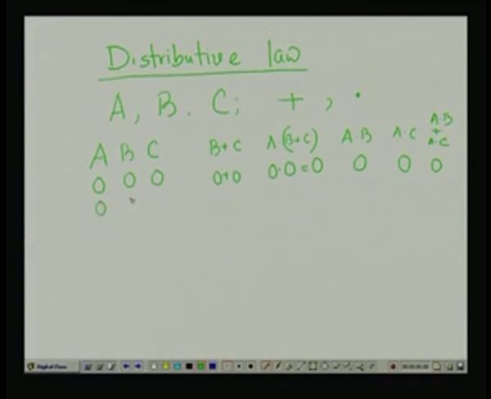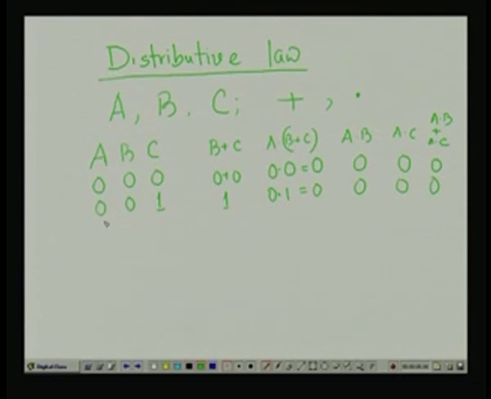Now, if we do 0, 0, 1, similarly, this is 0 plus 1, 1, A dot B plus C is 0, this is 0, this is 0, so this is again 0.